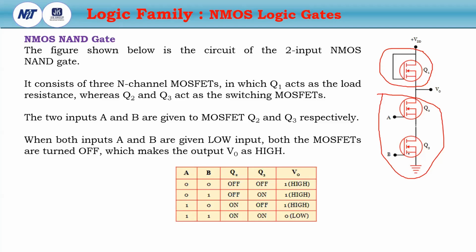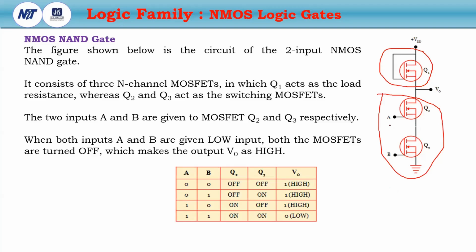In this circuit, three N-channel MOSFETs Q1, Q2 and Q3 are connected, where Q1 is the load resistance, and Q2 and Q3 act as the switching MOSFETs. The inputs A and B are given to the MOSFETs Q2 and Q3.